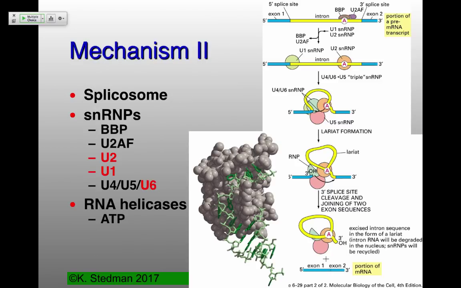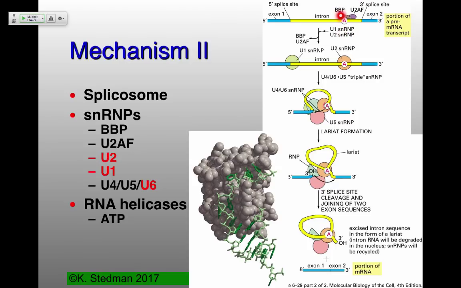So what about the activities of these RNAs and then a couple of proteins? Now we've zoomed out a little bit. Here's our primary transcript up here, or pre-messenger RNA. Again, here's our intron. The intron is transcribed. The first things that interact with this intron turn out to be proteins.